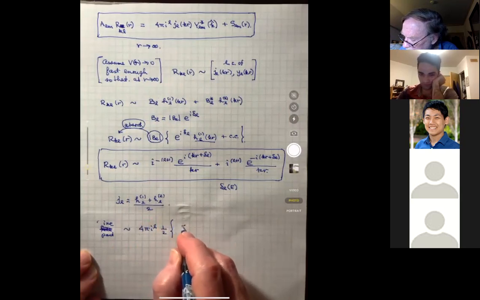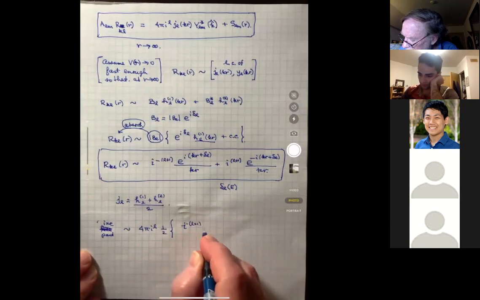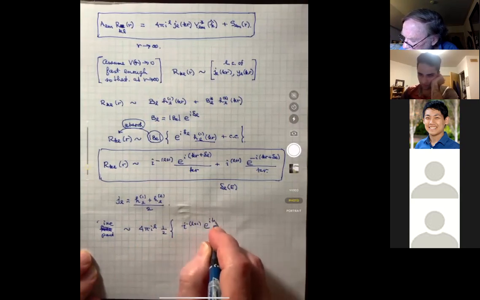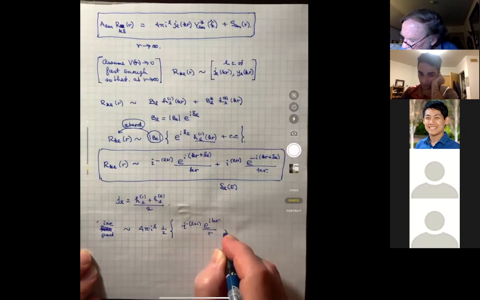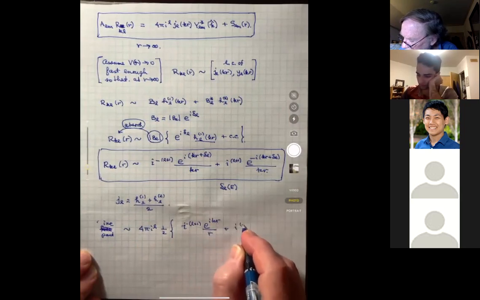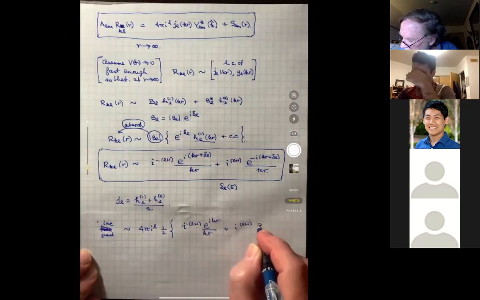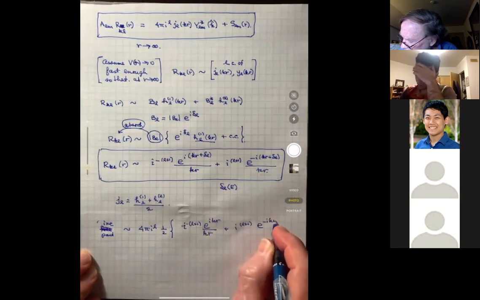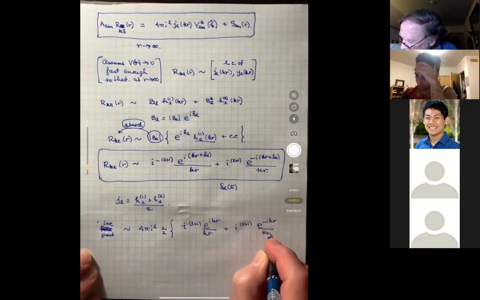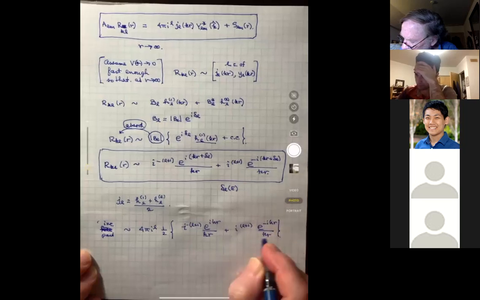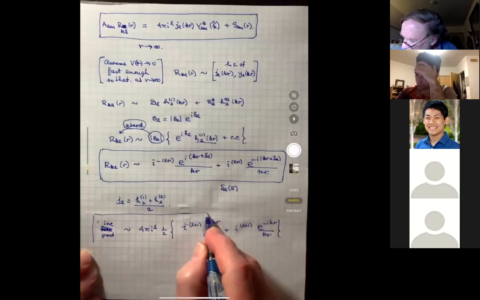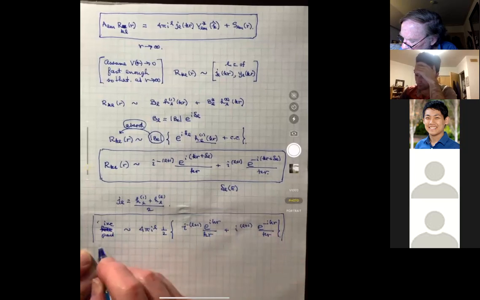So this is i to the minus L plus 1 times e to the ikr over kr plus i to the L plus 1 times e to the minus ikr over kr. All right, that takes care of the incident wave.